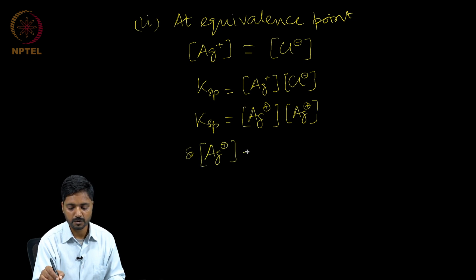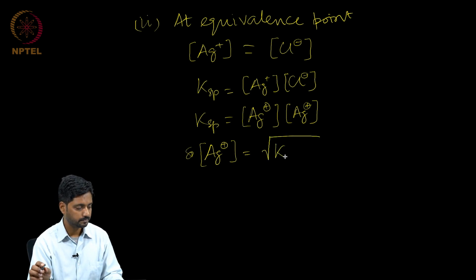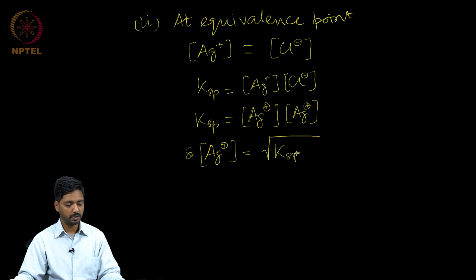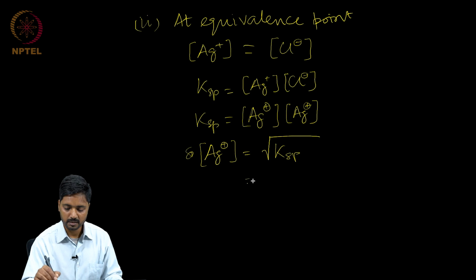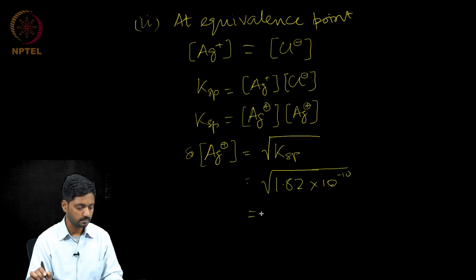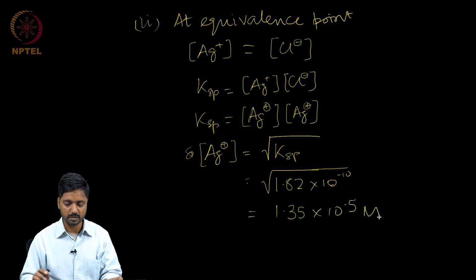So the Ag plus concentration at equivalence point is nothing but the square root of the solubility product, that is, the square root of 1.82 into 10 power of minus 10, or 1.35 into 10 power of minus 5 molar.